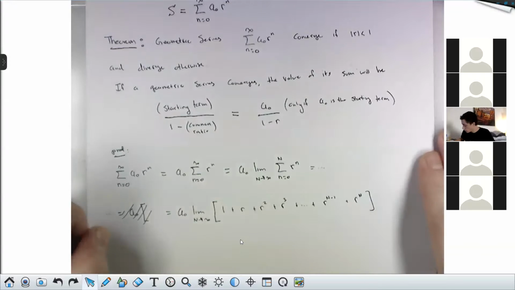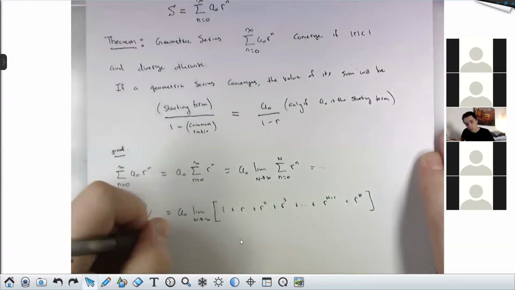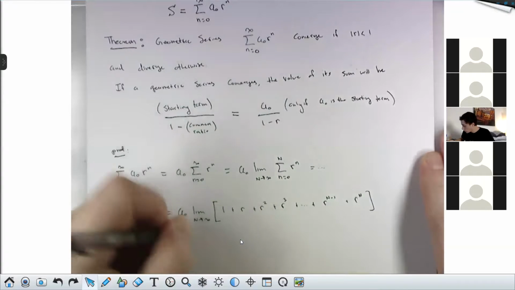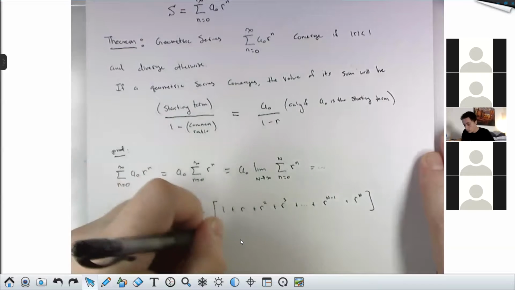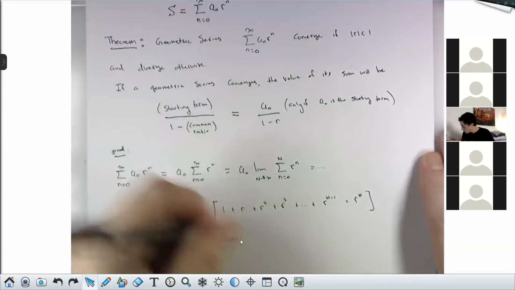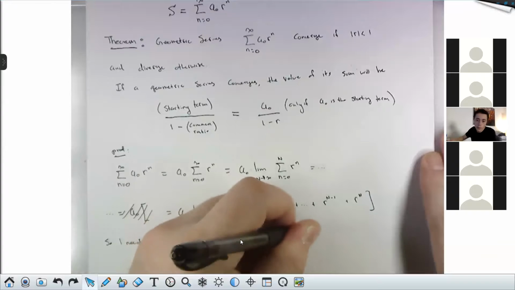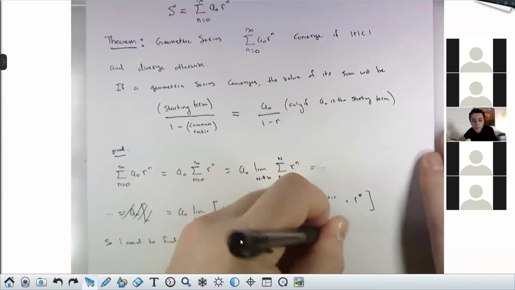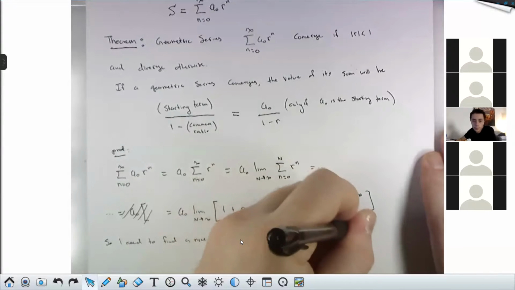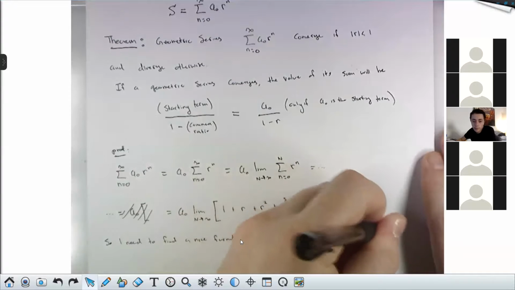So what I need to do is find a nice formula for 1 plus r plus r squared plus r cubed, up to r to the n minus 1, r to the n.